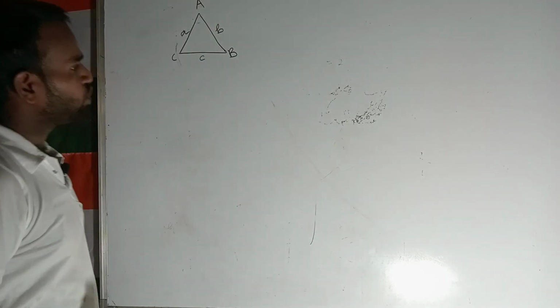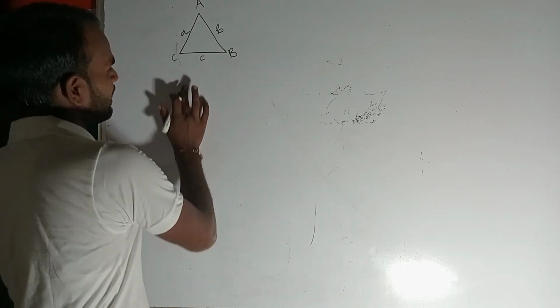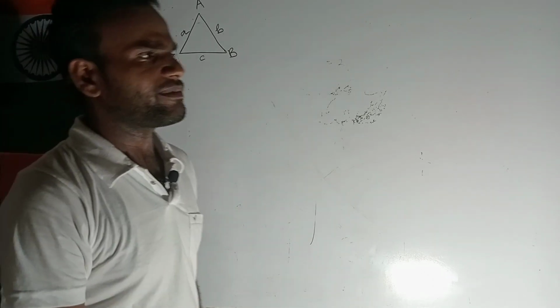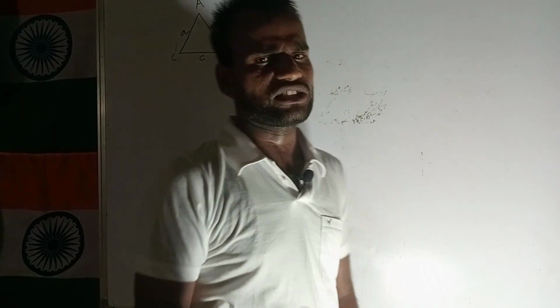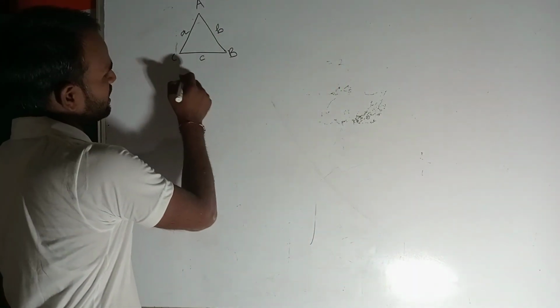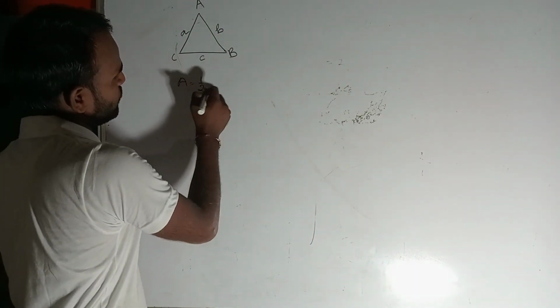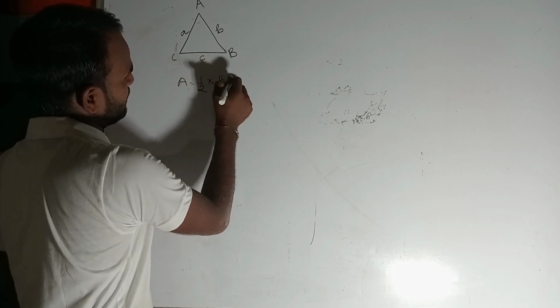Okay, so what is the basic area? We have learned the basic area of a triangle: half into base into height.